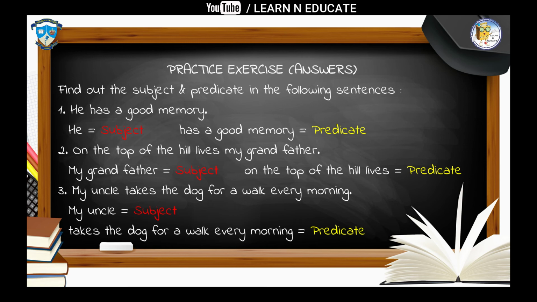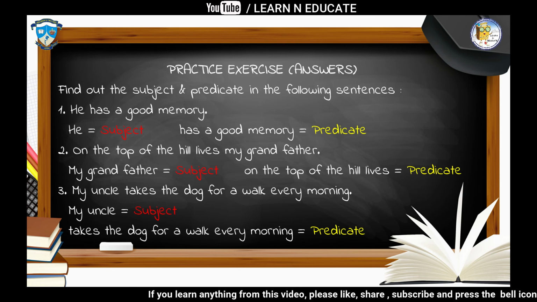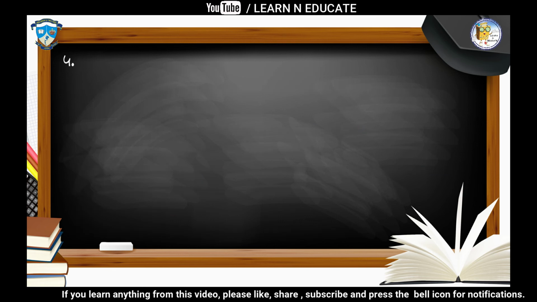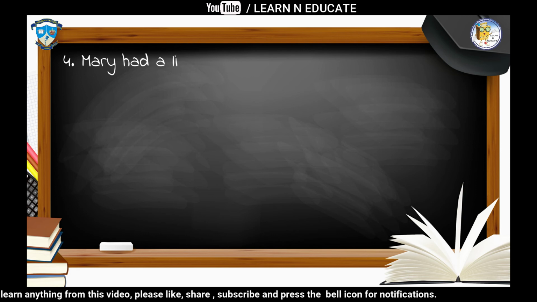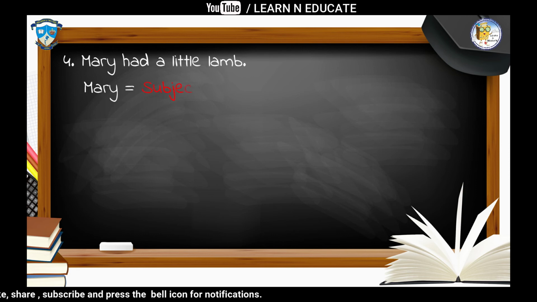Third one. My uncle takes the dog for a walk every morning. Here, my uncle is the subject. Takes the dog for a walk every morning is the predicate. Let's see the fourth one. Mary had a little lamb. What's your answer?